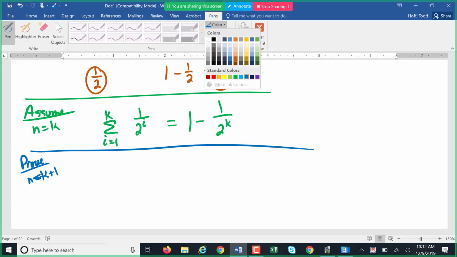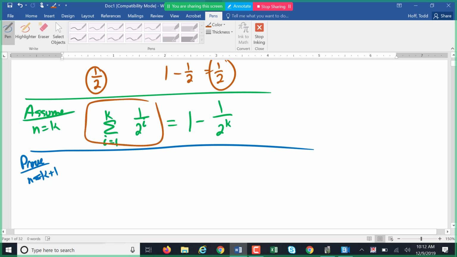So on the left side, this becomes the summation from i equals 1 to k plus 1 of 1 over 2 to the i. On the right side, I'm going to give myself a little more room here. On the right side, that's going to be 1 minus 1 over 2 to the k plus 1.